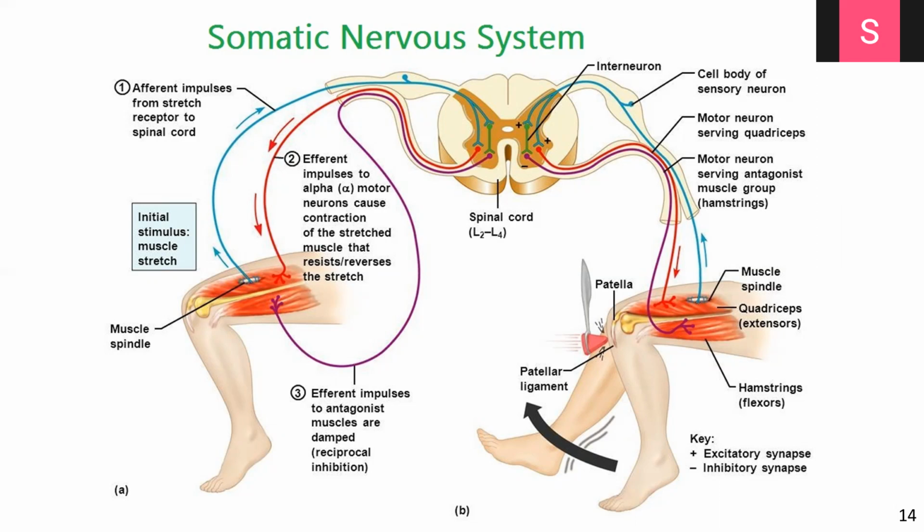Upper motor neurons release the neurotransmitter glutamate from their axon terminal nodes, which is received by glutamate receptors on the lower motor neurons.